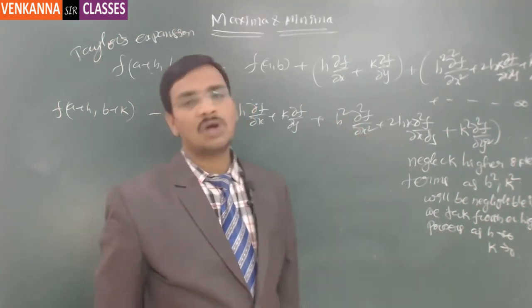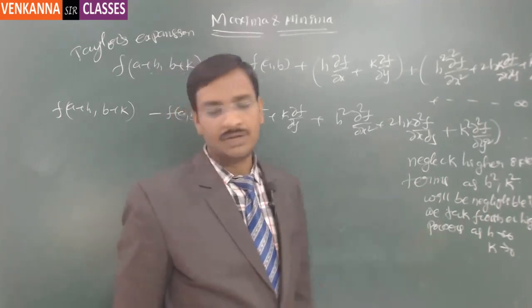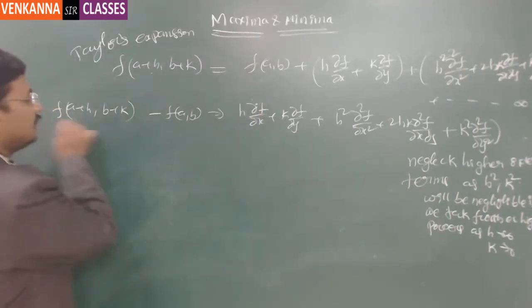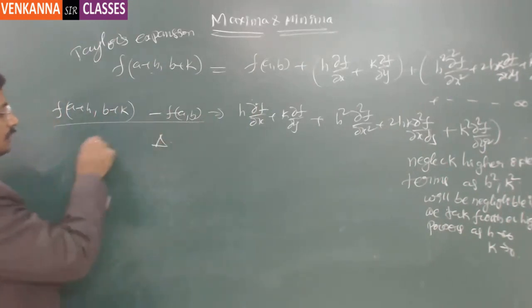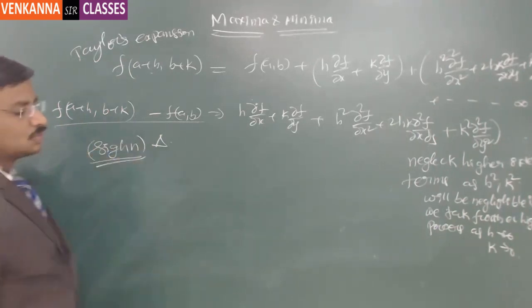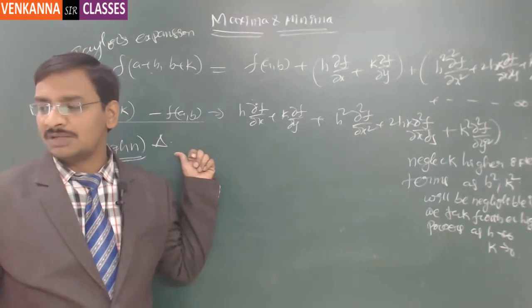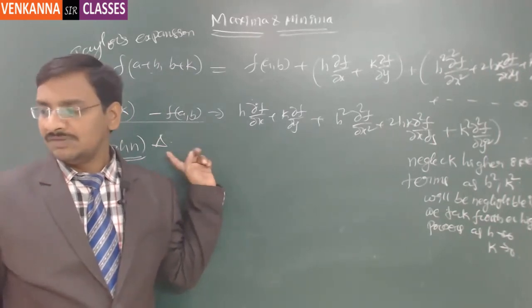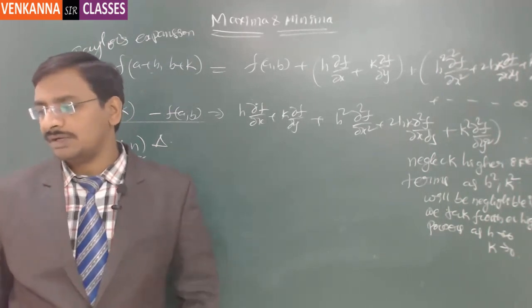That's why we will neglect all the higher order terms and keep only up to the second order term. Now this difference is nothing but the delta for us. So the sign of this delta is responsible for having a maximum value or minimum value. If this delta is positive, it's the minimum value. If this delta is negative, then it will be the maximum value, right?